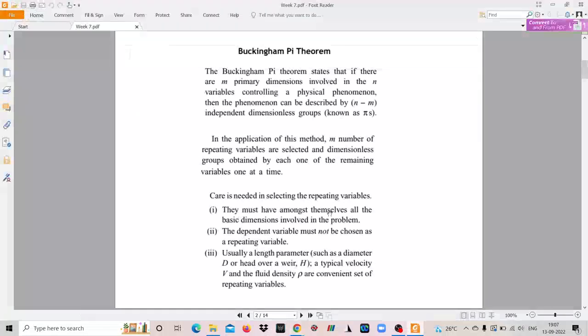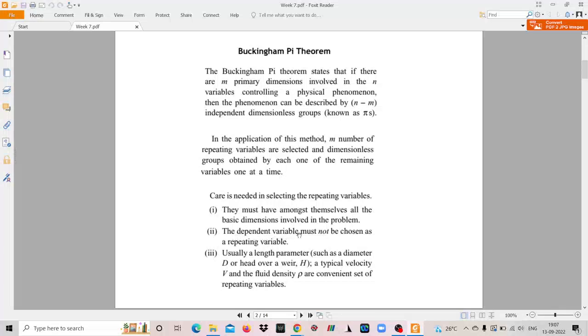You have to select m repeating variables, where m is the number of primary dimensions, so the number of repeating variables is the same as m. These repeating variables must contain all the basic fundamental dimensions.